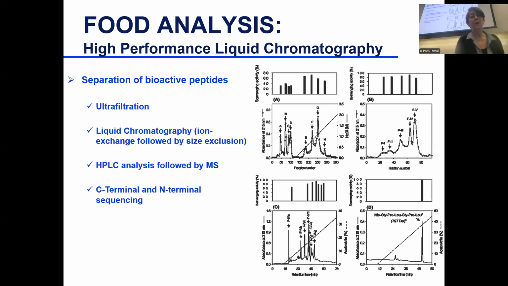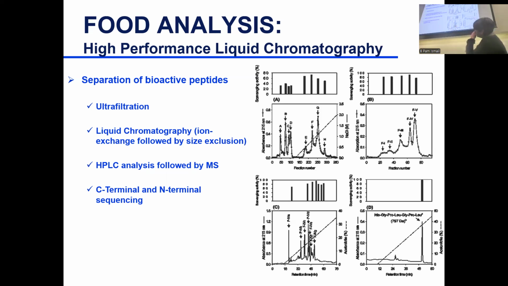This is very common in protein analysis because proteins, or in this case peptides, have similar characteristics, but you really want to know which peptide, for example, in this example, is the most potent or has the highest antioxidant activity, so you can produce more of it and use it as a pharmaceutical product.